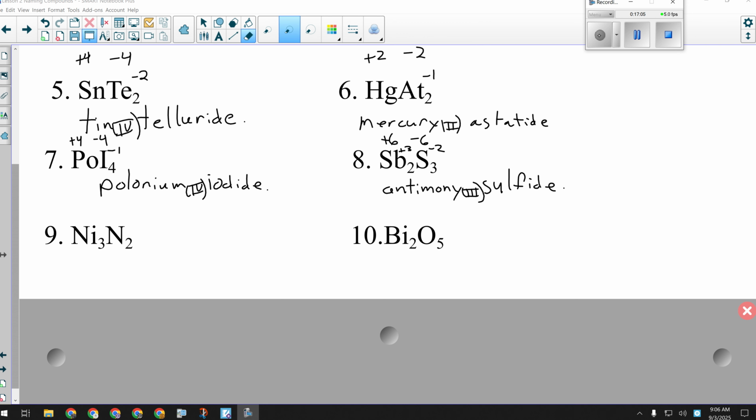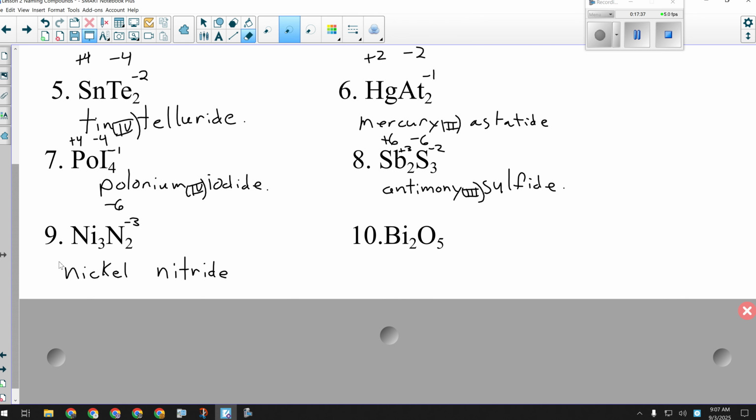All right, so Ni stands for nickel. N stands for nitrogen, so that'll be nitride. And nickel can be a 2 or a 3. So we've got to figure out which one it is. Nitrogen's in group 15, where everything has a -3 charge. So if there are 2 nitrogens and each one of them can pull in 3 electrons, that means I've got the ability to take in 6 electrons from the nitrogen.